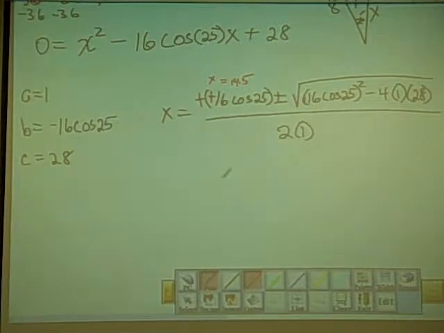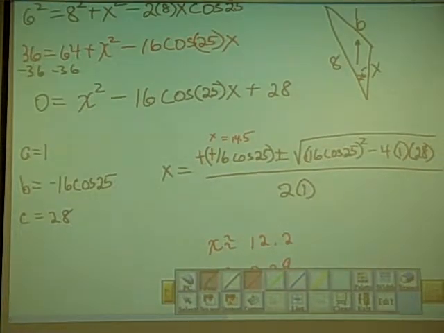So we end up getting x is approximately equal to 12.2, and the other one is x is approximately equal to 2.29. Well, it can only be one of these. The problem with this is that this angle is much smaller than this one.